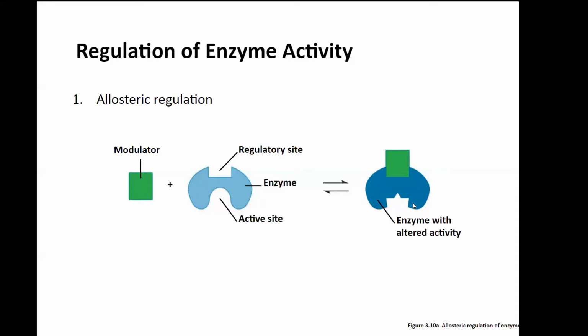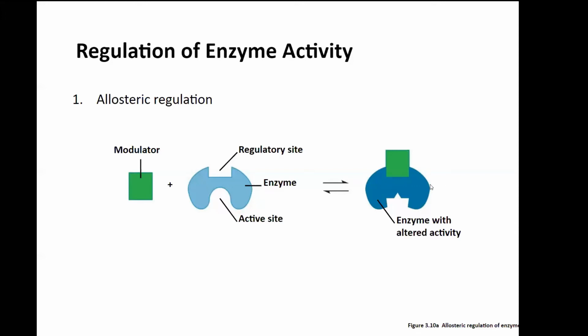So when we change the shape of this active site dramatically, even though through induced fit we would expect it under normal function to change slightly, when we change it using some other chemical in the regulatory site, this can change basically the affinity of the enzyme for various substrates.